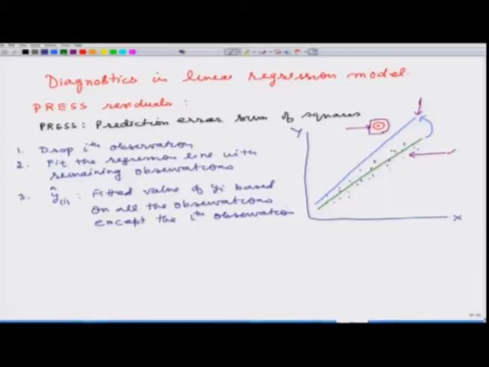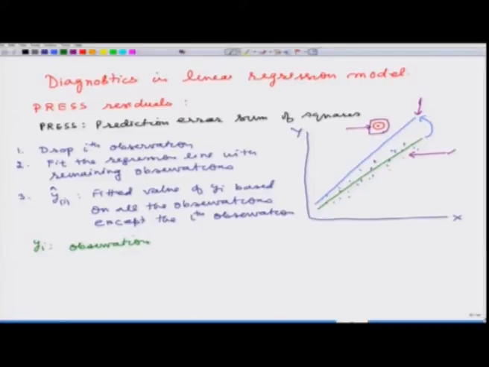Now, y_i is the observation that we have obtained from the experiment, that we have observed.